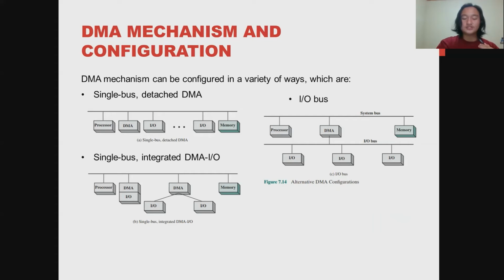This can reduce the number of input-output interfaces for an easily expandable configuration. The system bus that the DMA module shares with the processor and memory is used by the DMA module only to exchange data with the memory. The exchange of data between the DMA and input-output module takes place off the system bus.